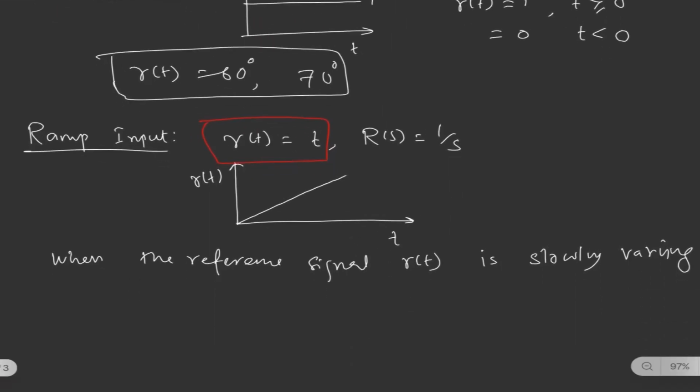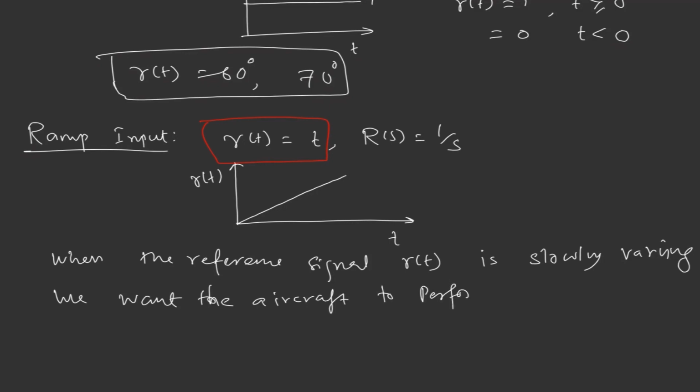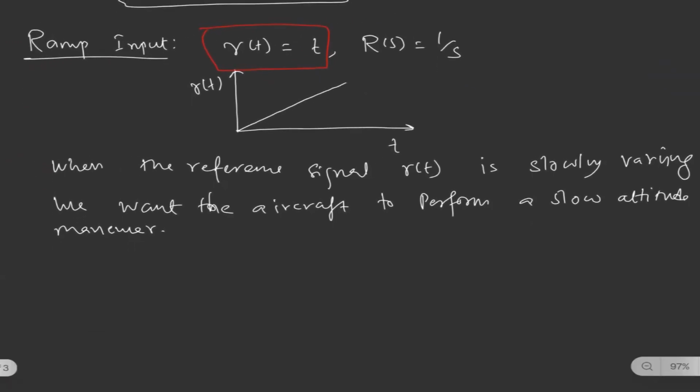When we want the aircraft to perform a slow attitude maneuver, that is, a slow maneuver of the orientation of the aircraft, we can use R of t equal to t, the ramp input.